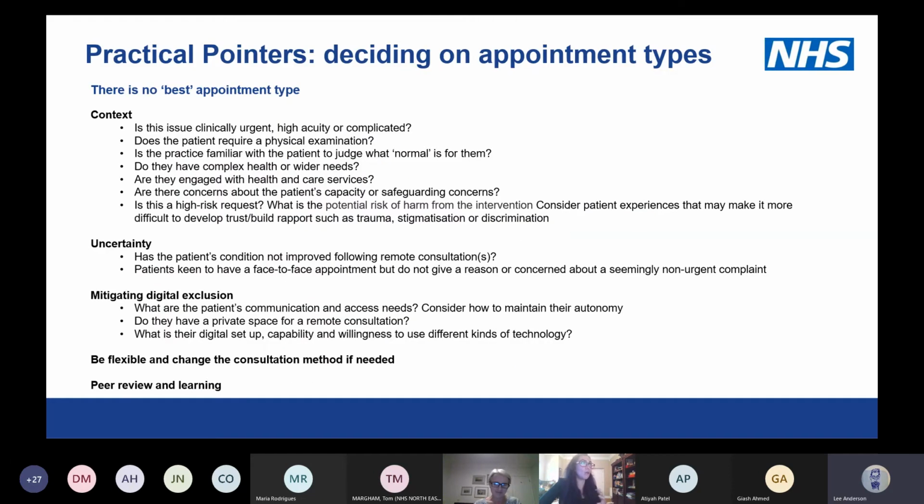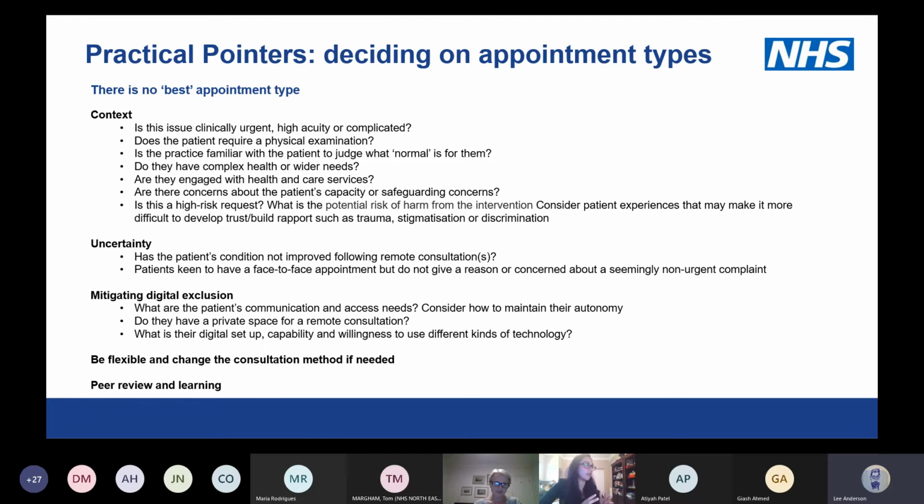So this is just some practical pointers on deciding about the right appointment type. There is no best appointment type, and actually deciding on the right appointment type for the patient that's sitting in front of you is a skill. It's impossible to generalise, but there are some principles here that can be applied when used in the right context.